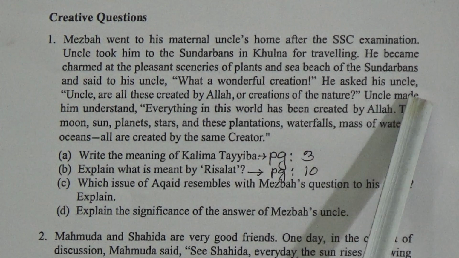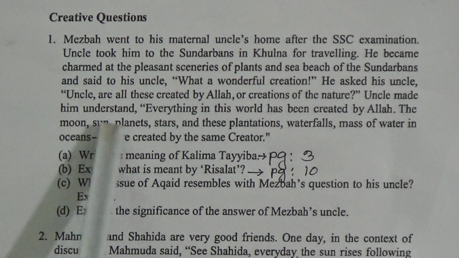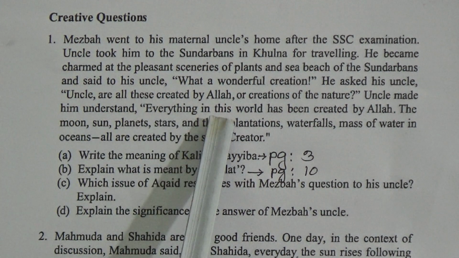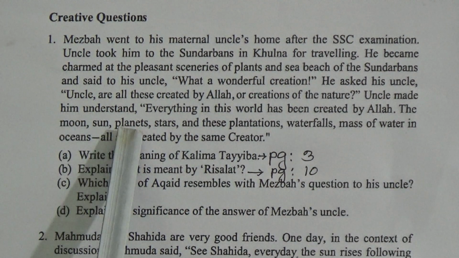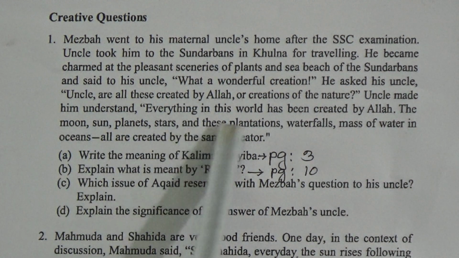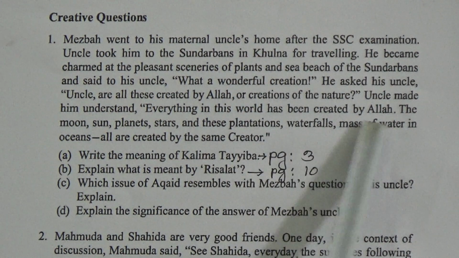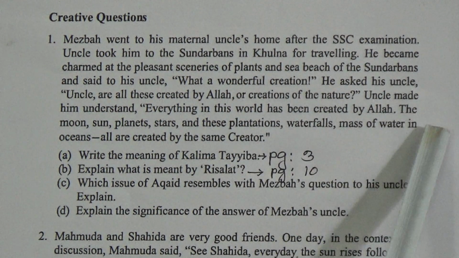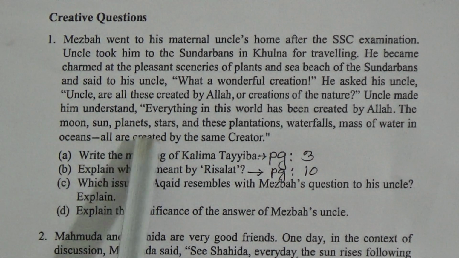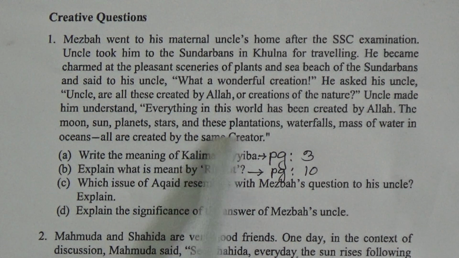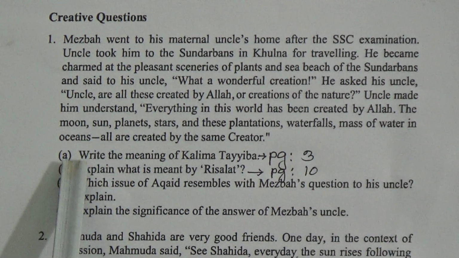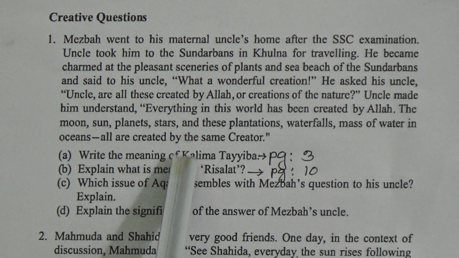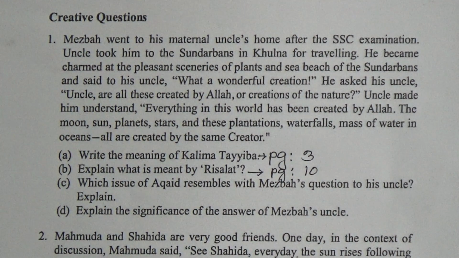He asked his uncle, Uncle, are all these created by Allah or creations of the nature? Uncle made him understand, everything in this world has been created by Allah. The moon, sun, planets, stars, and these plantations, waterfalls, mass of water in oceans, all are created by the same creator.